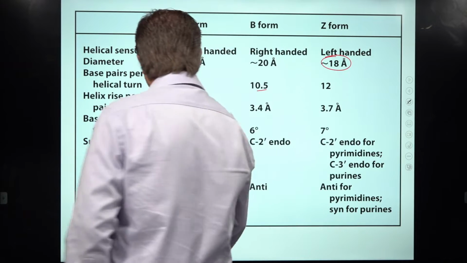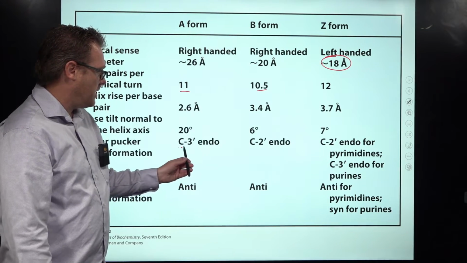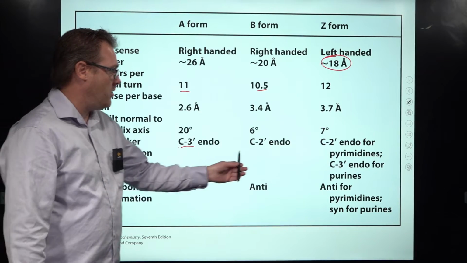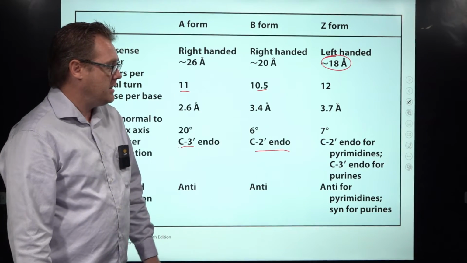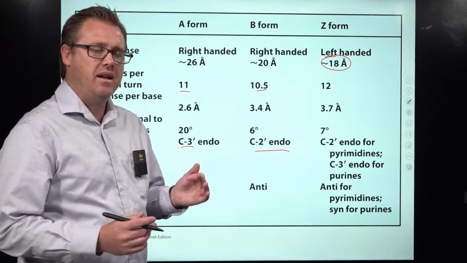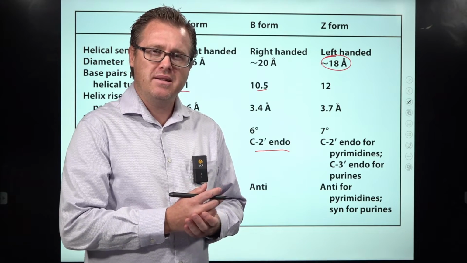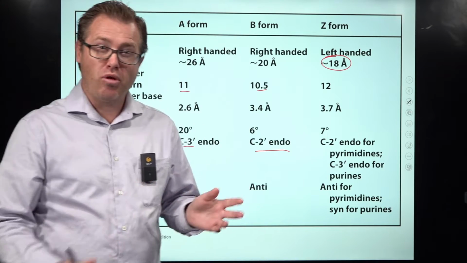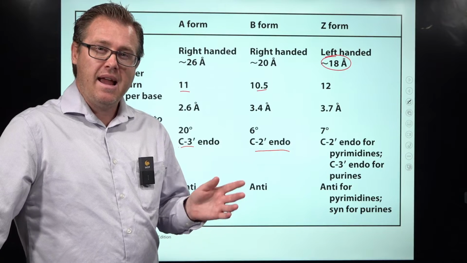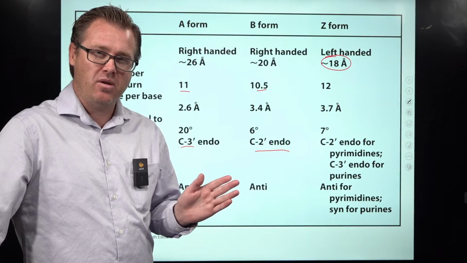Another thing that you see here is the carbon 3' endo. Just like how we talked about in proteins, where you have the proline, and that proline has the gamma carbon, and it can be puckered endo or exo.